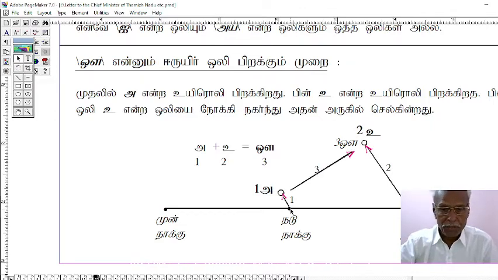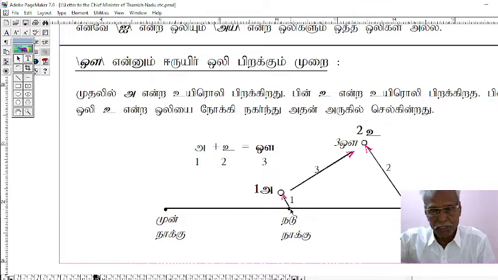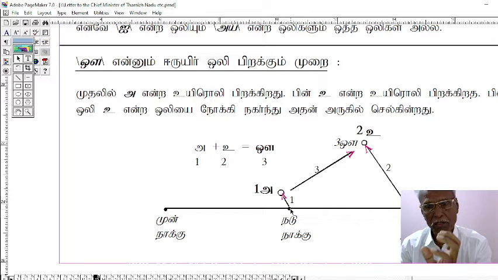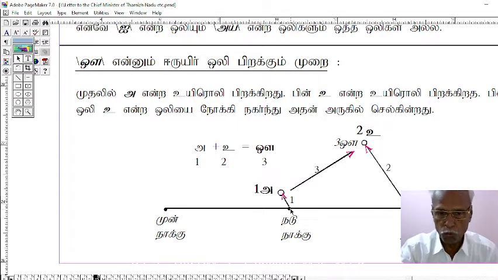First, the center of the tongue slightly rises and the letter A, that is the phoneme A, is formed. Then the back of the tongue rises to the maximum and forms the phoneme or letter O, and then A moves towards O and forms the compound phoneme, that is the diphthong OW.